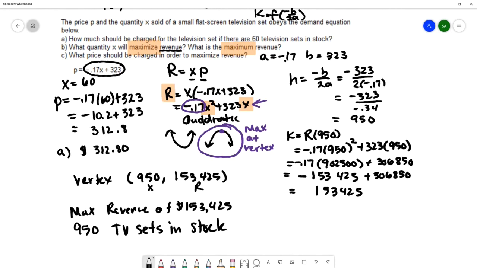So that's going to allow us to answer the questions in Part B. What quantity of X, what quantity of television sets will maximize the revenue? So 950 television sets will maximize the revenue. And what is that maximum revenue? That's 153,425.